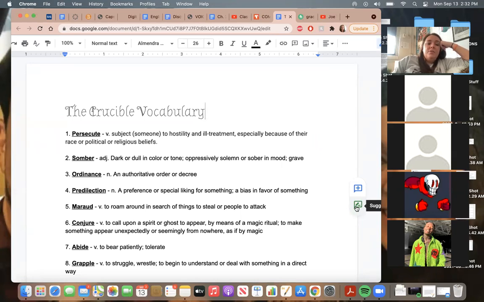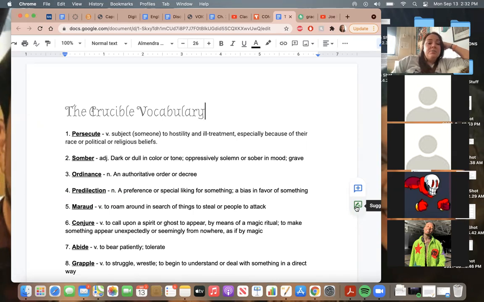Maraud is a verb that means to roam around in search of things to steal or people to attack. Whenever I hear the word maraud, I think of the Marauders map from Harry Potter that they made so that they could keep an eye on the castle at all times and be able to sneak around and pull pranks and stuff. So that's a good way to remember the word maraud.